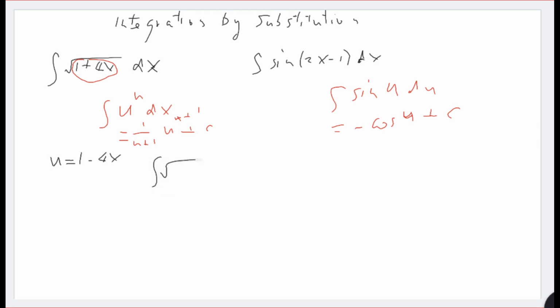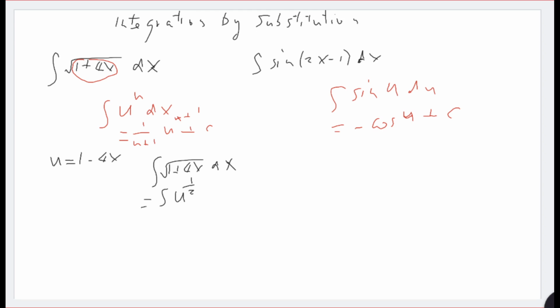The integral becomes just square root of u, or half power of u. Notice though, this is the integrand. The integrand becomes a power of u, as we hoped for. Then there's dx.